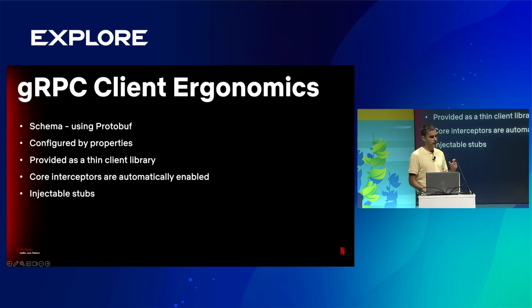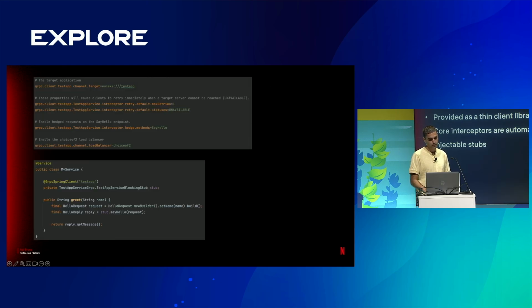Our interceptors provide core features like observability, such as access logging, metrics, tracing, and resiliency features like retries, concurrency limiters, fallbacks, and many other features that all bundle into a pre-configured gRPC client.